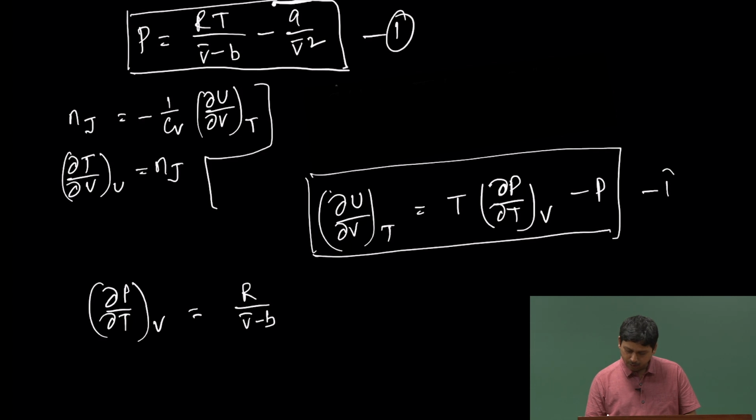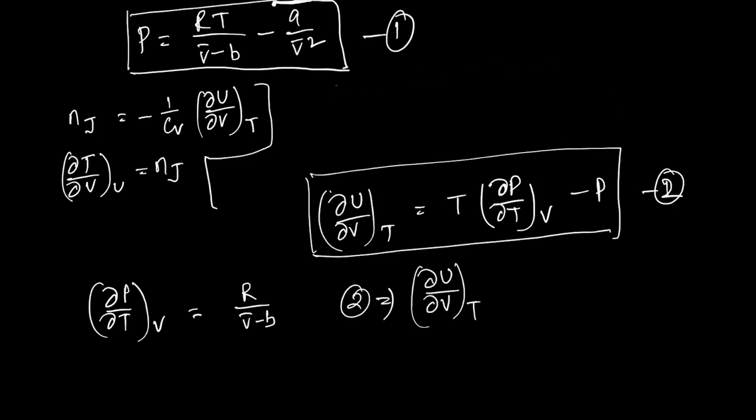So, from equation 2 we get ∂u/∂V at constant T is equal to T into R by V minus b, minus P, and P is RT by V minus b minus a by V squared, which gives a by V squared.